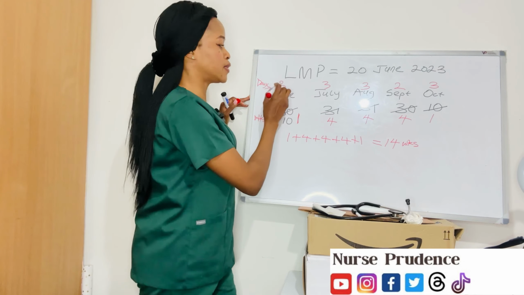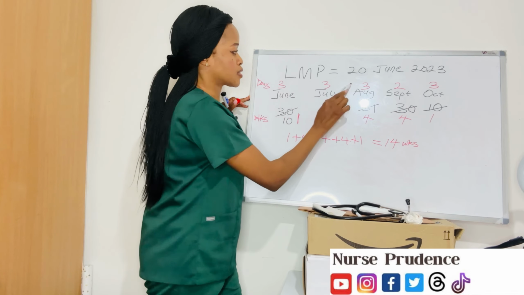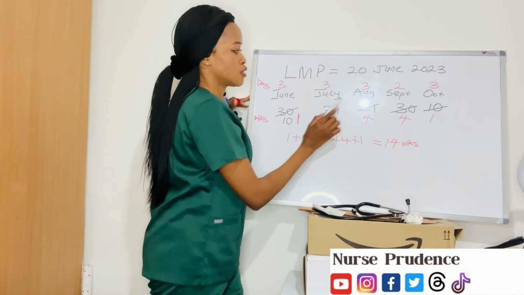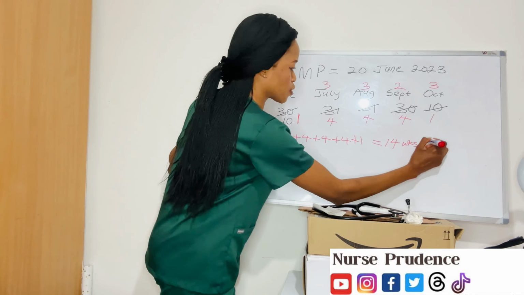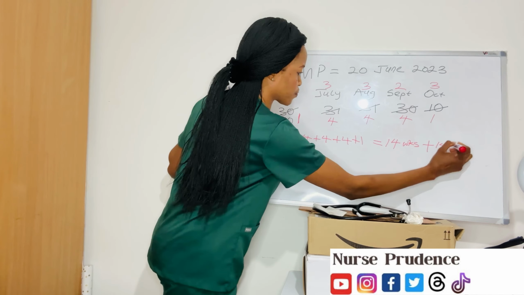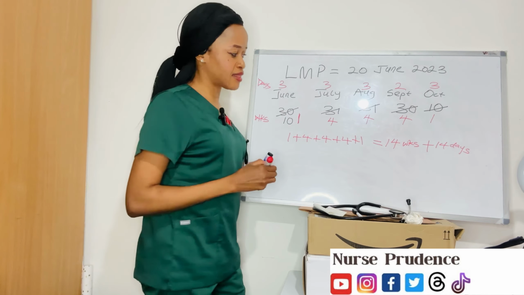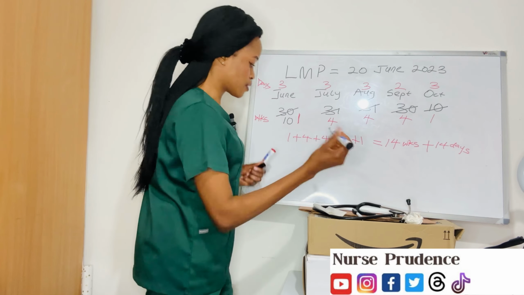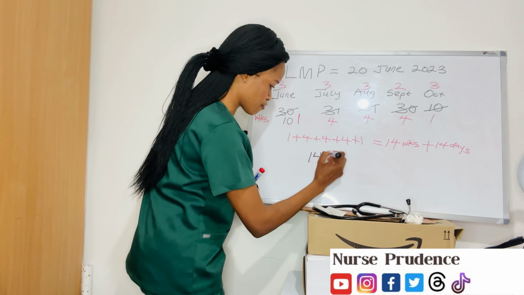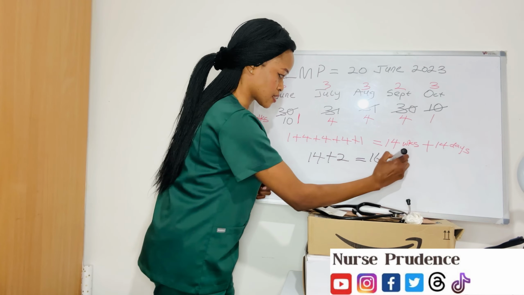Now you add up the days: 3 plus 3 plus 3, 9 plus 3, 12 plus 2, 14. Now, how many weeks are there in 14 days? That is 2 weeks. You will now add 14 weeks plus 2, which will give you 16 weeks.